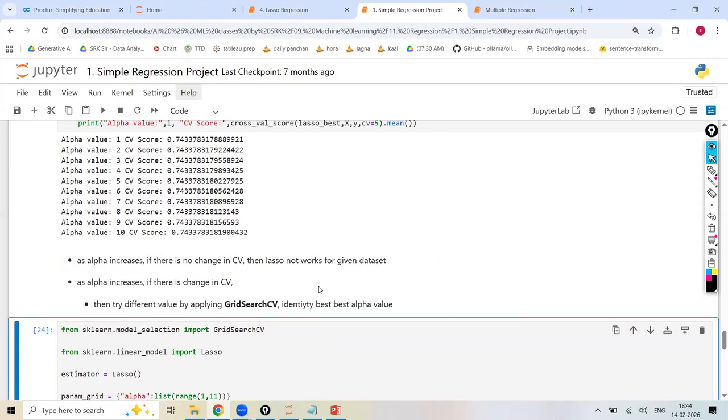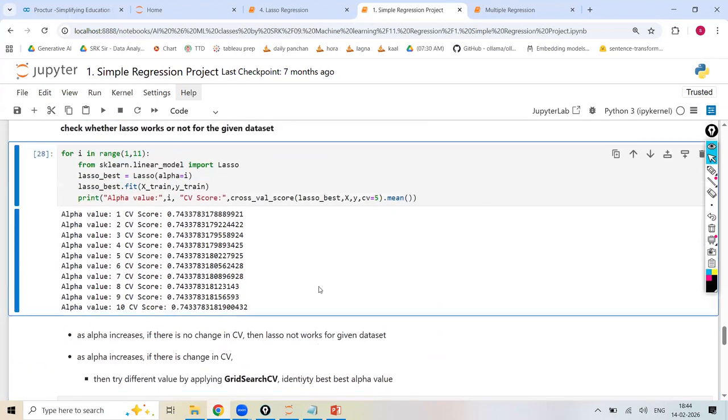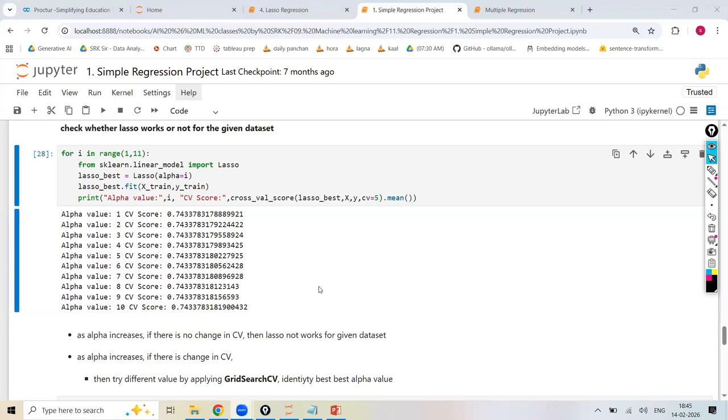If alpha increases and there is a change in CV only, then apply the grid search CV. Otherwise, no need to apply. Now, in this example, should I apply or not apply? As per this, I no need to apply. For this particular project, as alpha increases, there is no change in the CV. I no need to apply lasso for this data.